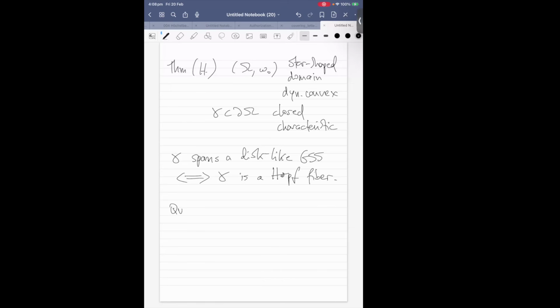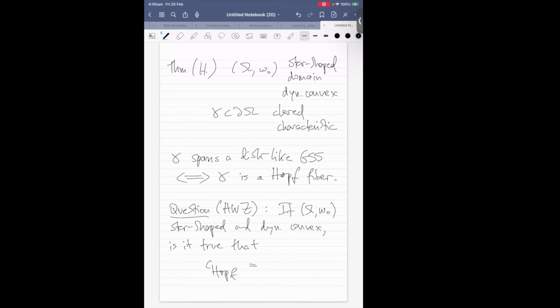So this means that the following question, which is due to Hopf, Wysocki, and Zander, can be formulated. I mean, there is a question which I'm going to reformulate in terms of what I've been talking about here. If omega is star-shaped and dynamically convex, is it true that C Hopf is equal to the minimal action?